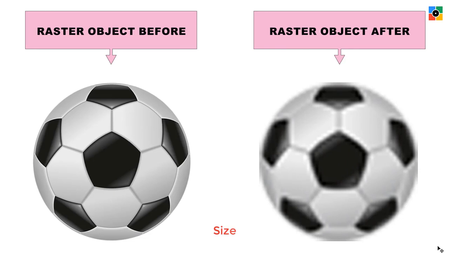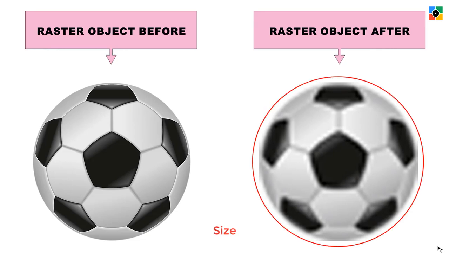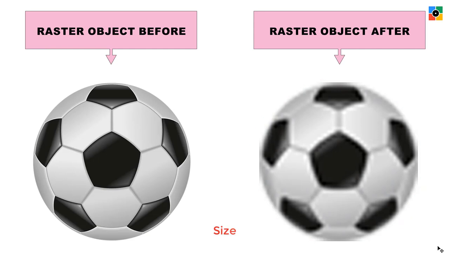You can see here, if the size of the raster graphic object is made smaller or larger more often, the quality of that object will deteriorate. That means the image becomes blurry and pixelated. Therefore, do not resize the raster object frequently.